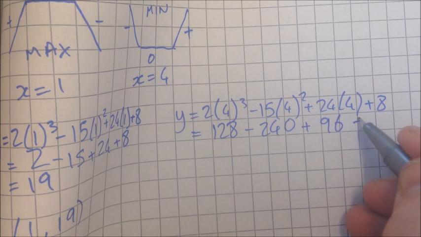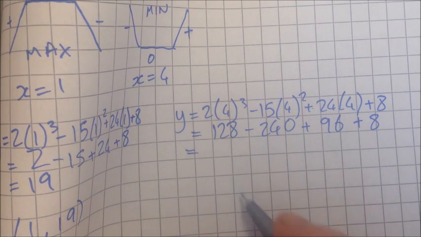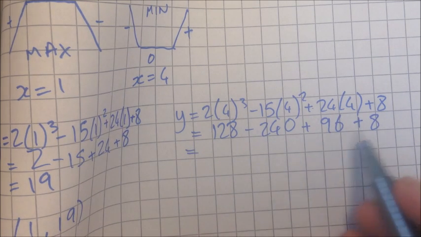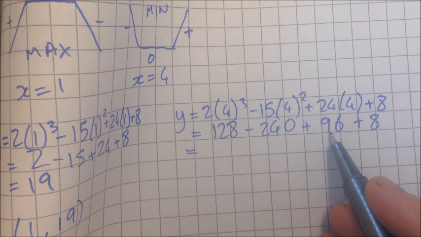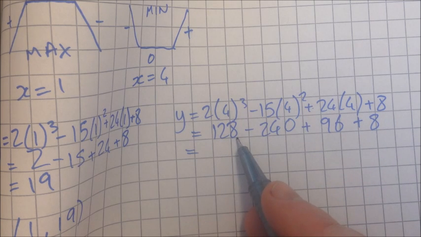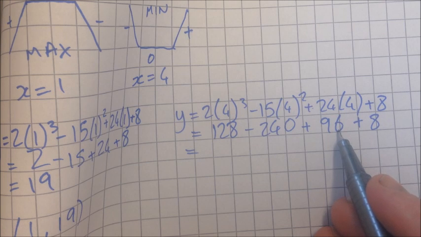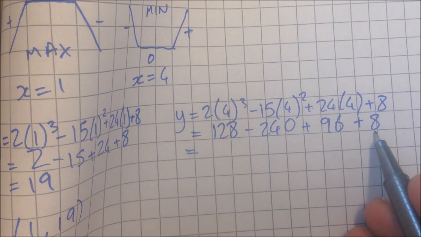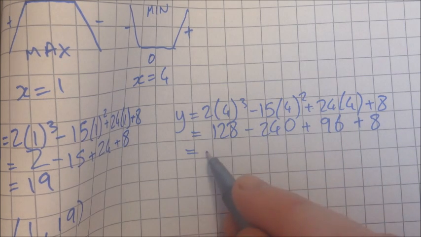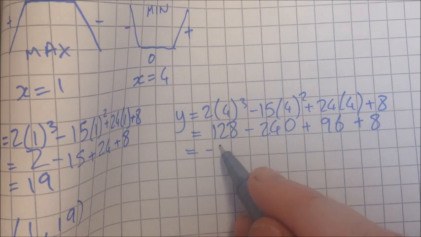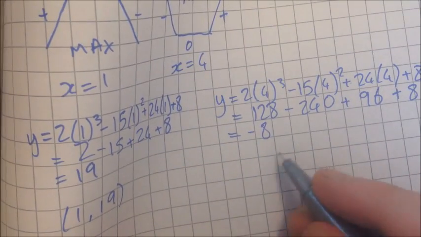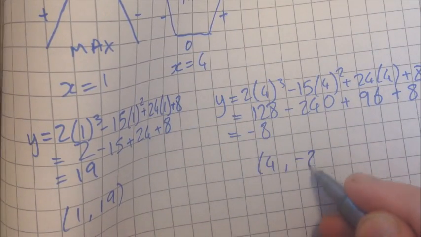And that's 96, and that's 8. Right, let's add these together. 224, 232. Take away that is negative 8. So your answer here is 4, negative 8.